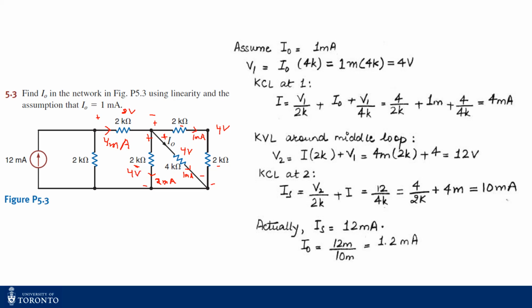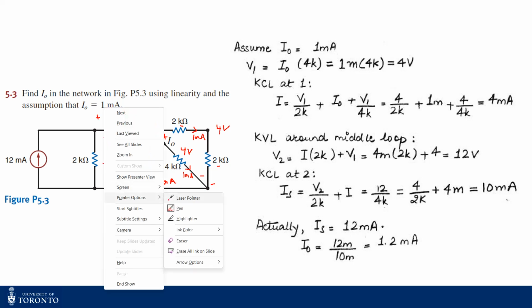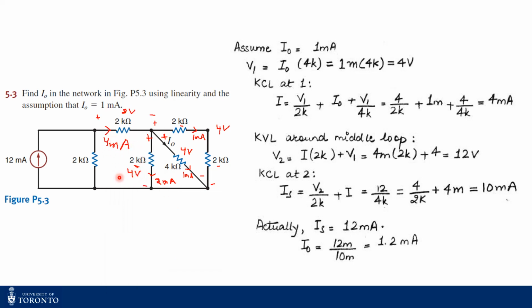Now, if you apply KVL across this loop, then you can find out the voltage drop across 2 kilo ohms. So now if you apply KVL, I assume that the current is coming downwards.